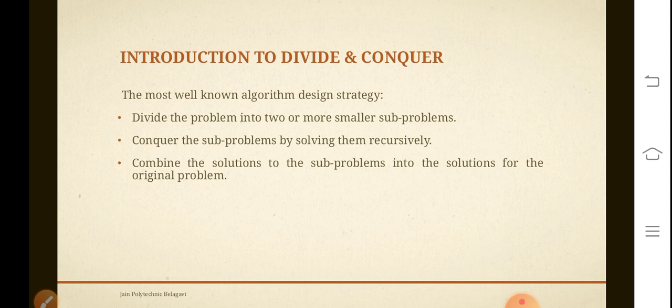The subproblems are solved typically recursively, though sometimes a different algorithm is employed, especially when subproblems become small enough. And if necessary, the solutions to the subproblems are combined to get a solution to the original problem. That is, combine the solutions to the subproblems into the solution for the original problem.